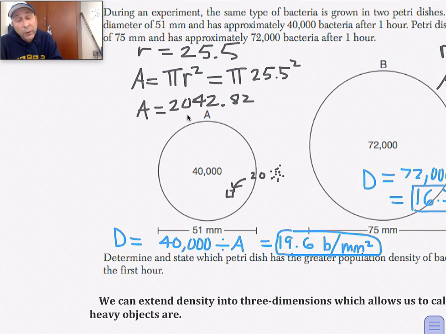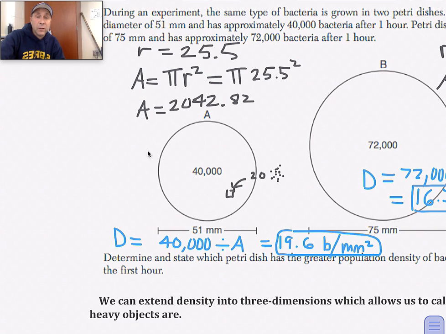Now, they didn't want to know the area. They wanted to know the density of the bacteria. So the density is how much is actually in there, just like the classroom, but here, instead of students, they're tiny specks. So there are 40,000 little specks of bacteria in this space.